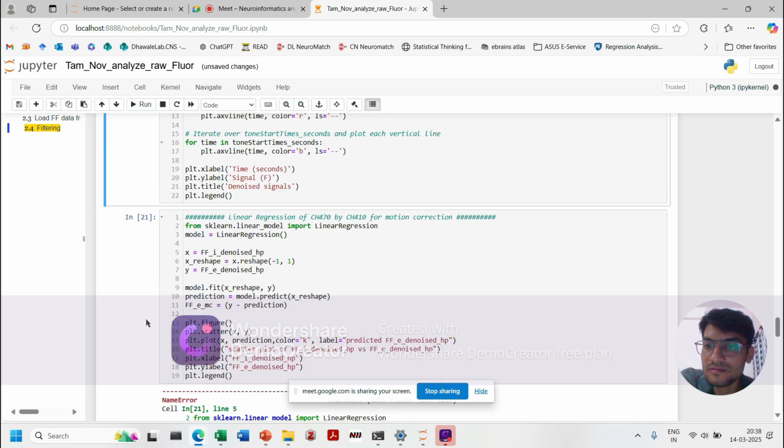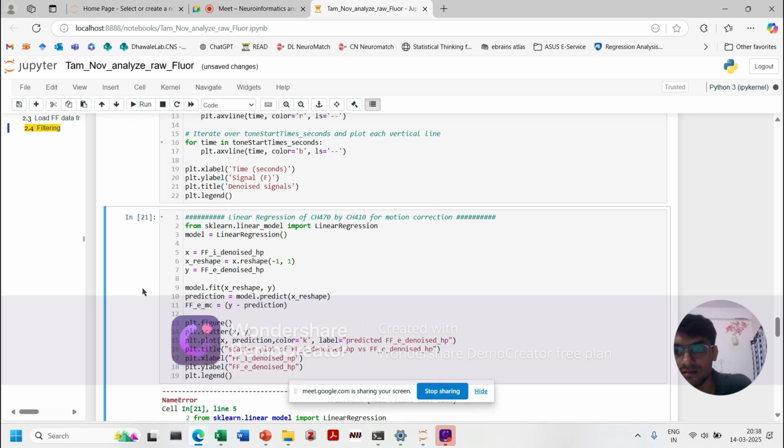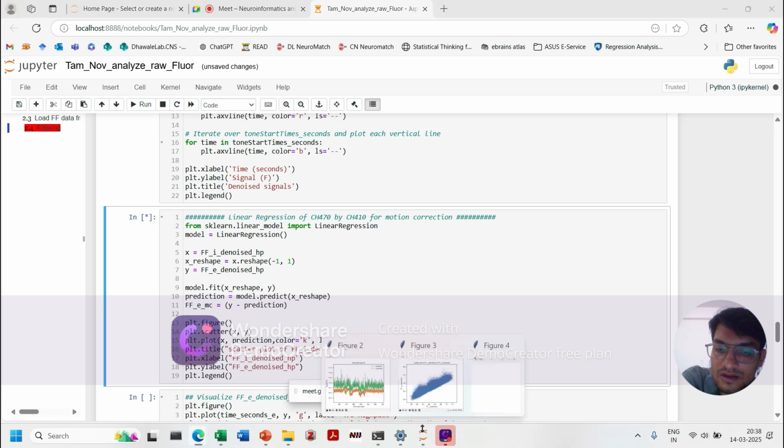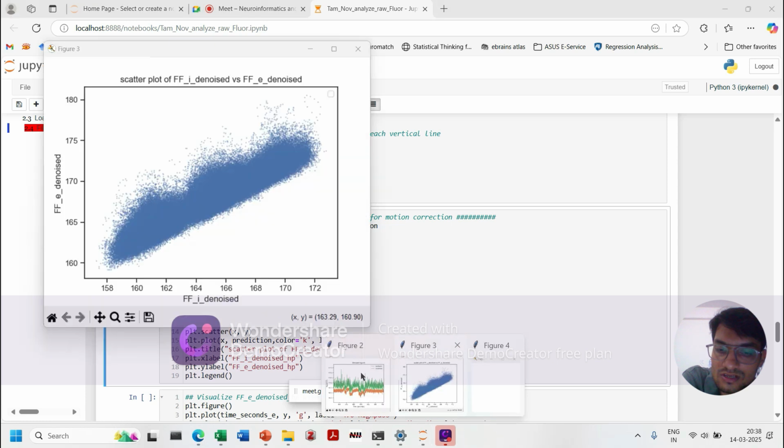And then I will do linear regression. Okay, so I am doing linear regression here, and it actually looked nice.